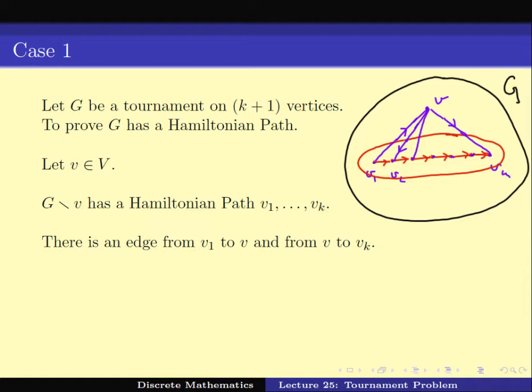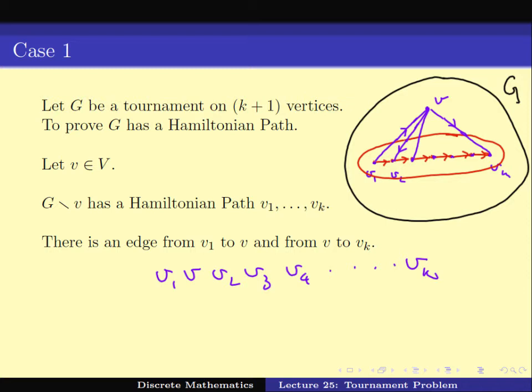So I first start with V1, then V, then V2, then V3, then V4, and so on. So V1, V, V2, V3, V4 till Vk would have been a Hamiltonian path. But again, there is no guarantee of that, right?